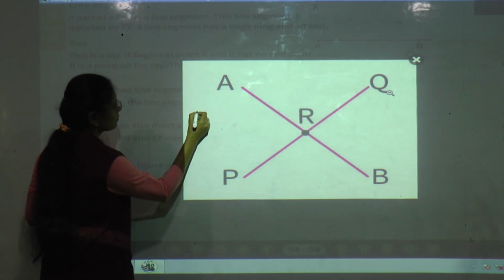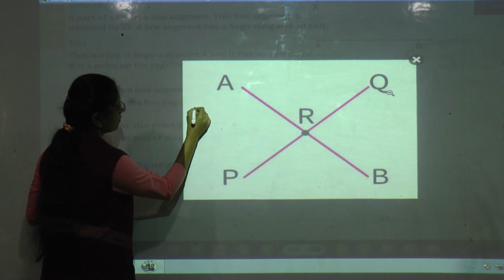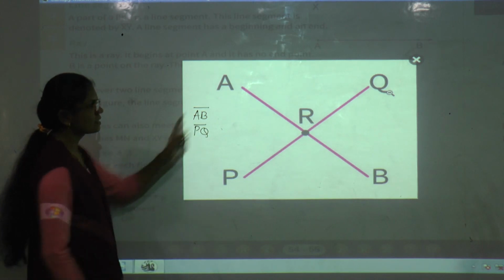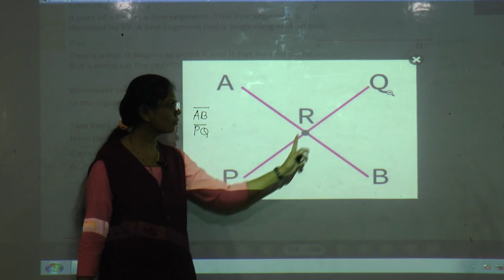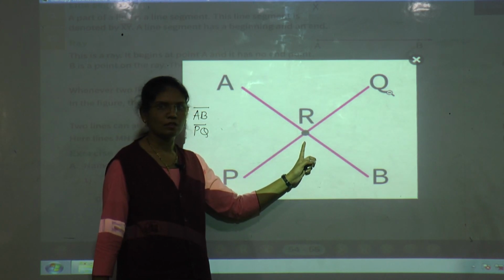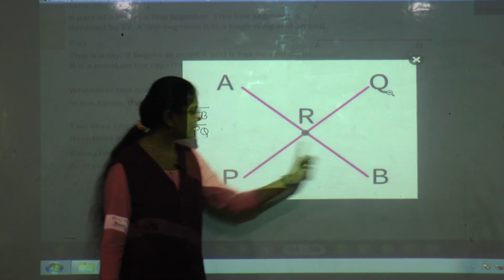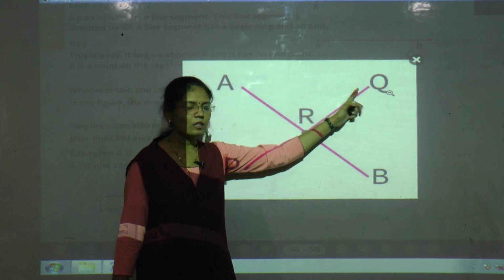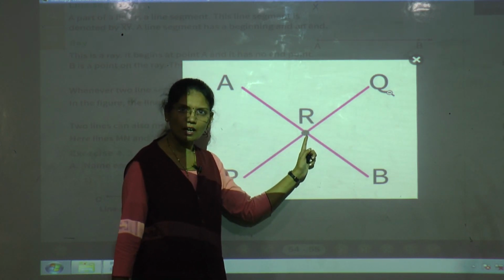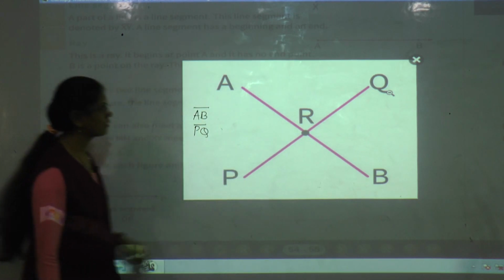I'll write here AB and PQ. These two line segments can meet at one point and that point is R. Okay, line segment AB and line segment PQ can meet at one point and this point is point R in this diagram.